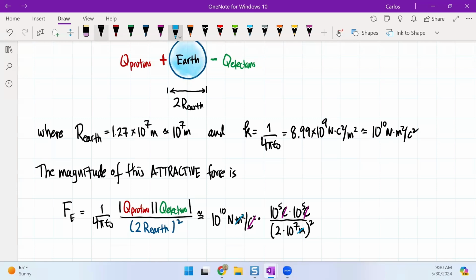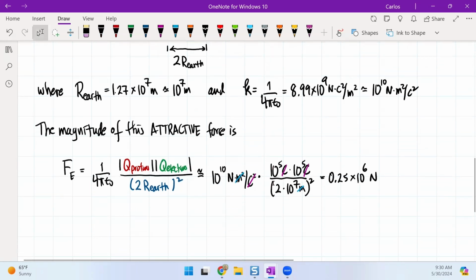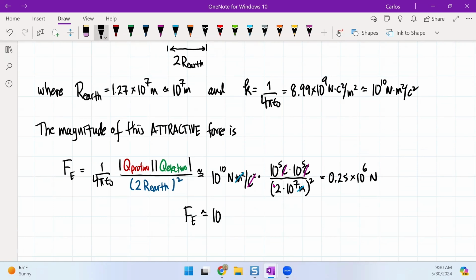The units of distance cancel out. So then if I compute this value, this will be 0.25 times 10 to the 6 newtons. In other words, I can approximate this again and just say that the electric force is approximately 10 to the 5 newtons.